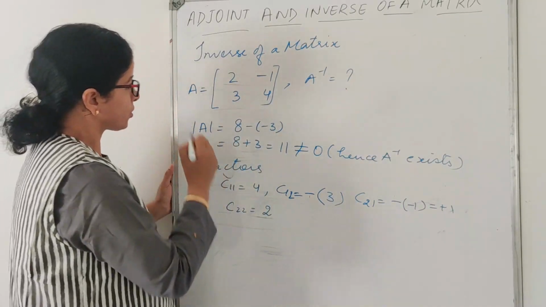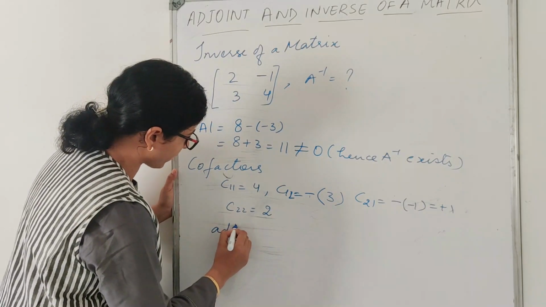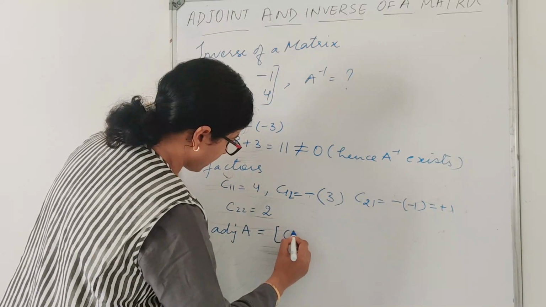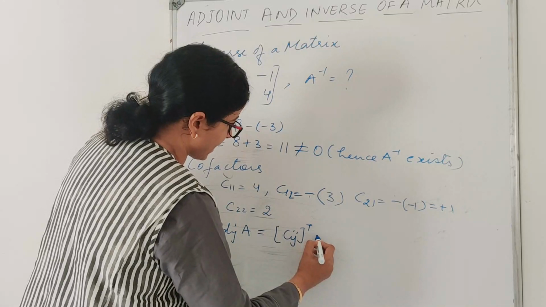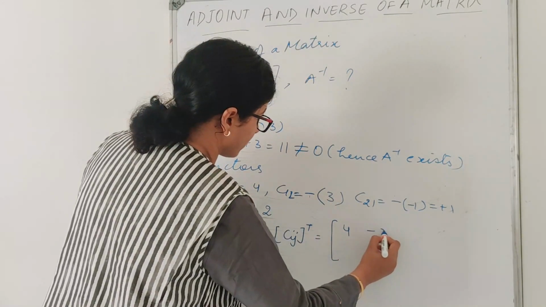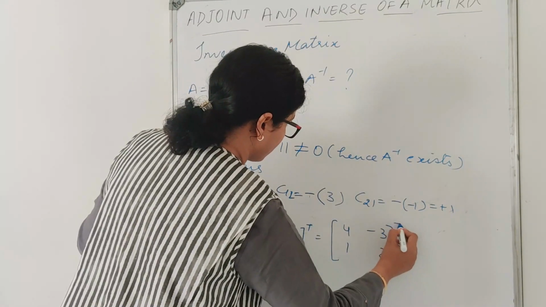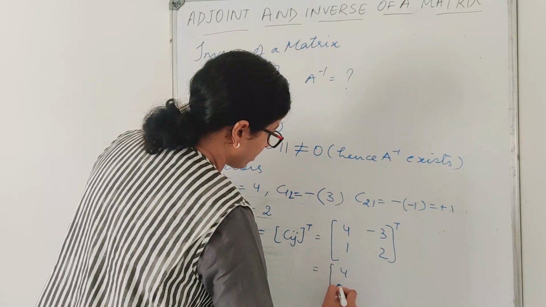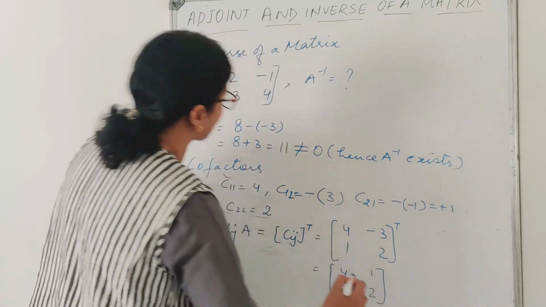Okay. So now I have to find the adjoint of A, which is nothing but the Cij matrix transpose. So first I will frame the Cij matrix. What is my Cij matrix? 4, minus 3, 1, 2, transpose. Okay, so what you are getting here? 4, 1, minus 3, 2.